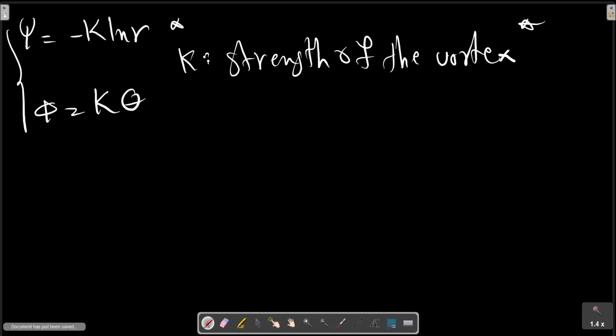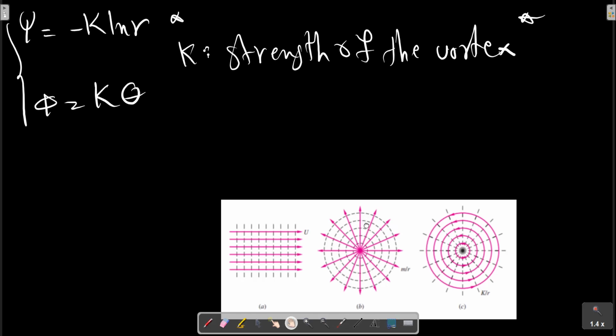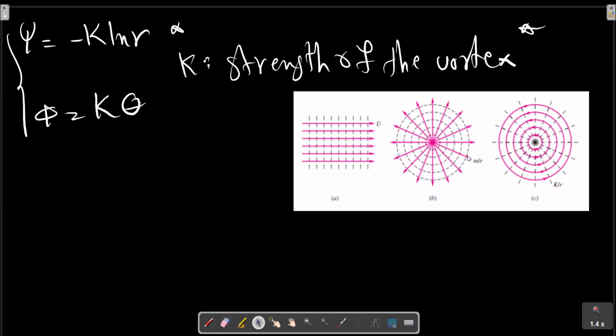As shown also in this picture for a vortex, C, the streamlines are circles.